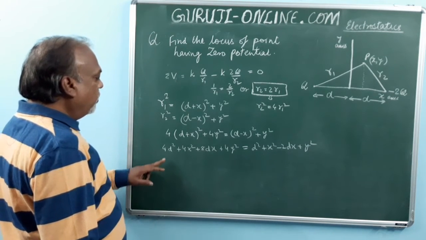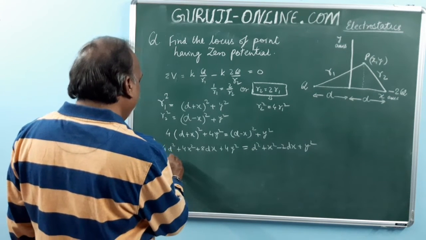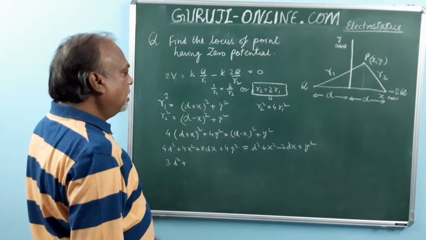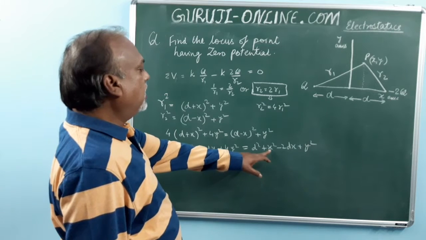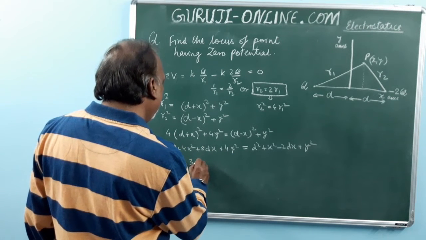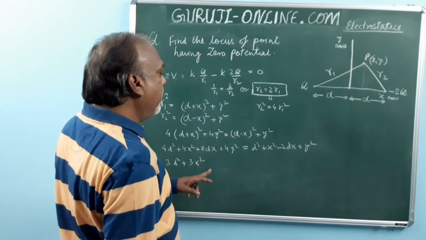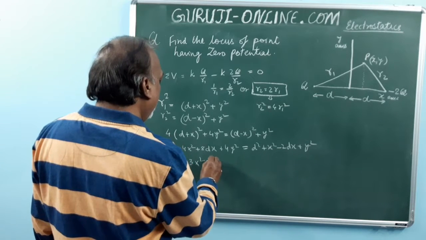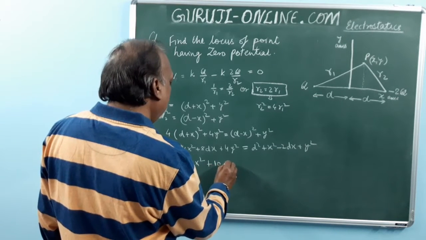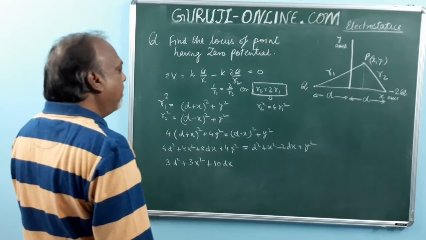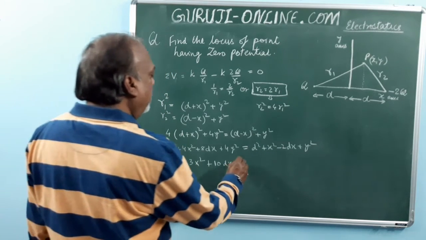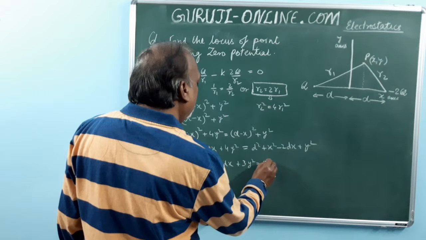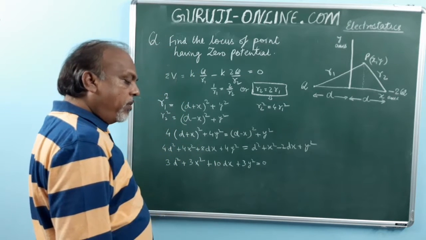So now 4d square, here d square, this will become 3d square, plus here 4x square, the x square, this will become 3x square. Then here 8dx is there, minus 2dx is there, so plus 10dx, and again it will be 3y square must be equal to 0.